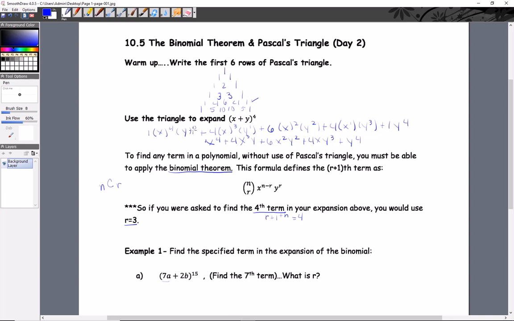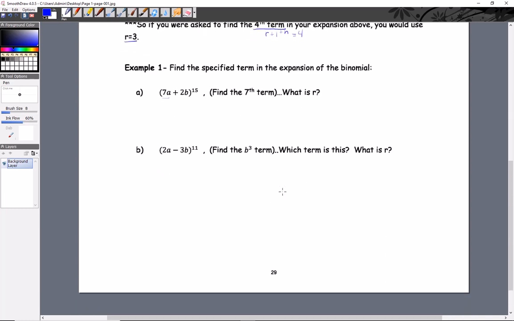Up here, when we start, r is 0, not 1. And that's in your first term. Then it goes to 1 in your second term, and then 2 in your third term, then 3 in your fourth term. So you see how it lags 1 behind every time? That is why when we look for the 4th term, it's actually going to create this r value being 1 less than that.